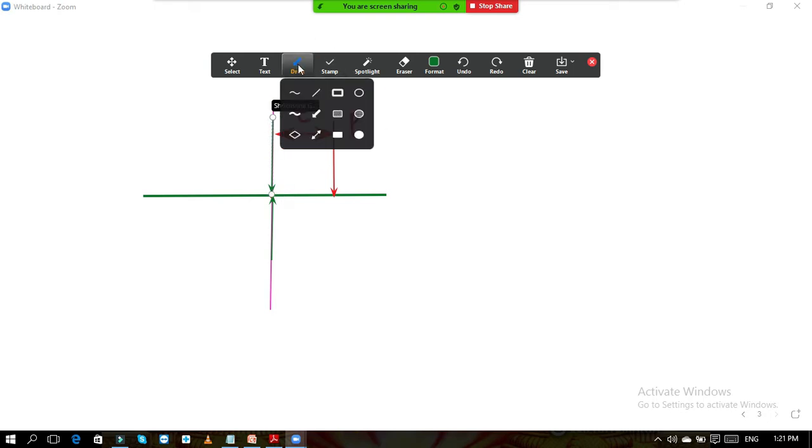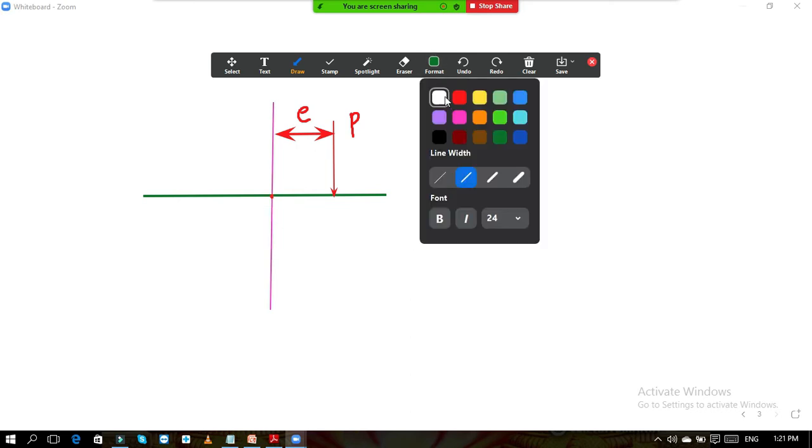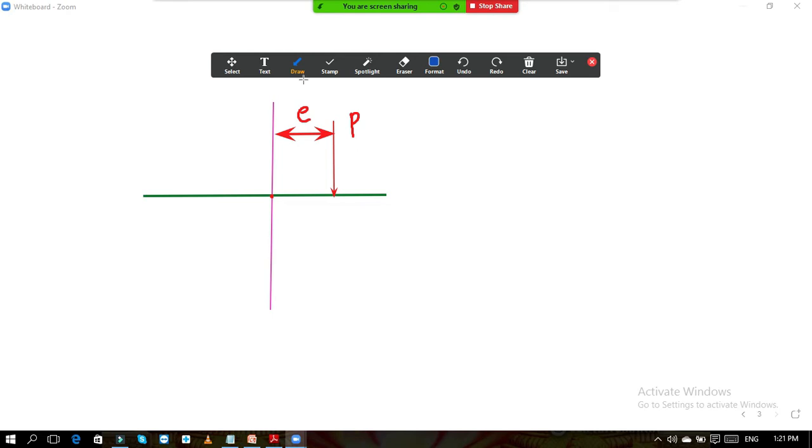So this is also P and this is also P. If I apply upward P at the same point and downward load P, then the resultant load at this point will be zero and the equilibrium will be maintained.